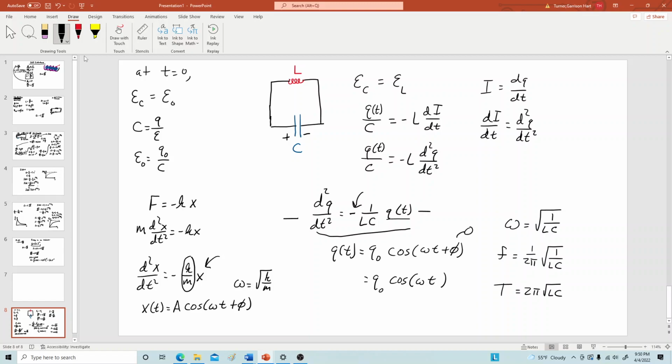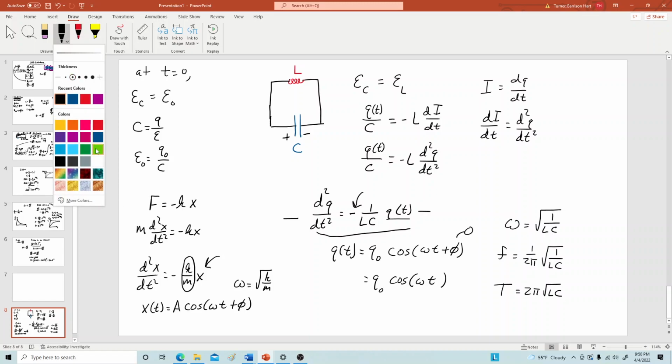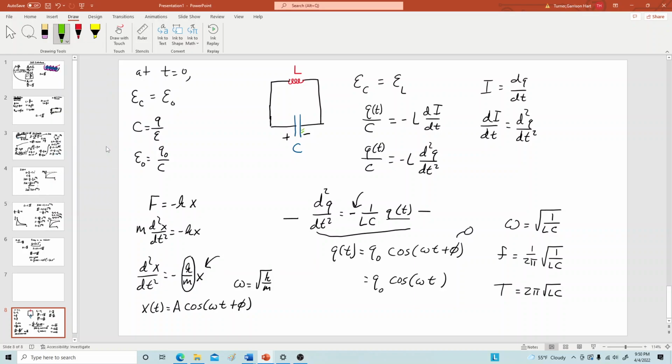Okay? So what is this telling us? Let's use green for the current. So I have these electrons on this plate, and I have protons on this plate at t equals 0, and the electrons are going to flow, and it's not like all of the electrons here are going to flow through and deposit themselves up here.